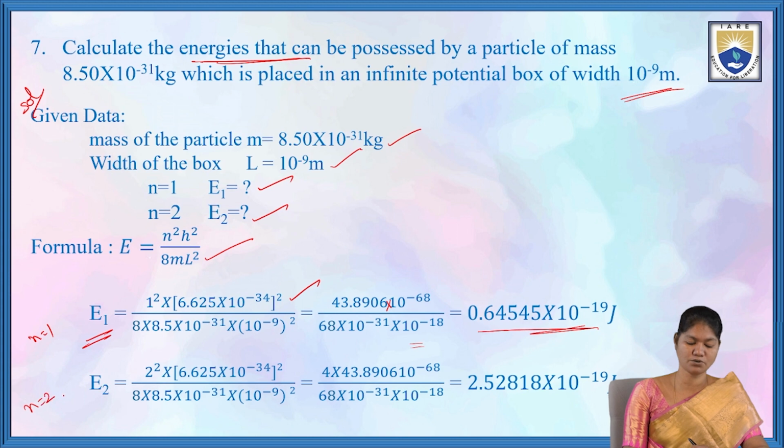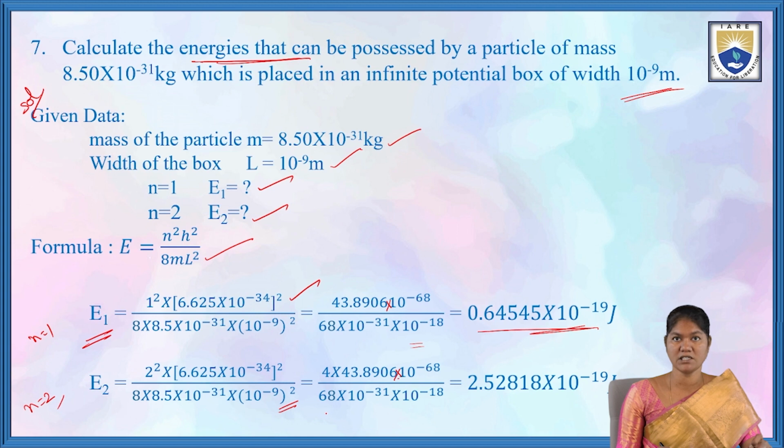At n is equal to 2, E2 is equal to 2 square into 6.625 into 10 power minus 34 whole square divided by 8.5 into 10 power minus 31 into 10 power minus 9 whole square. So that is equal to 4 into 43.890616 into 10 power minus 68 divided by 68 into 10 power minus 31 into 10 power minus 18.